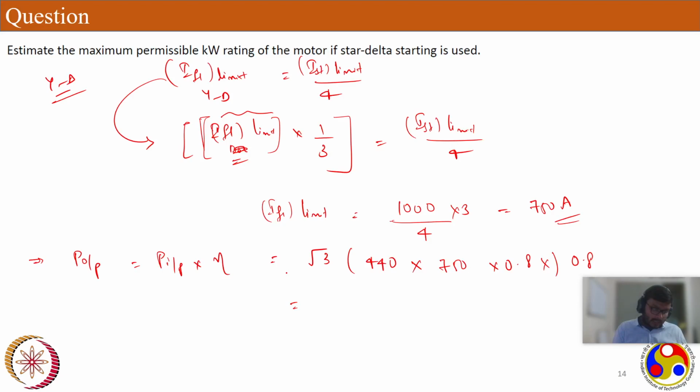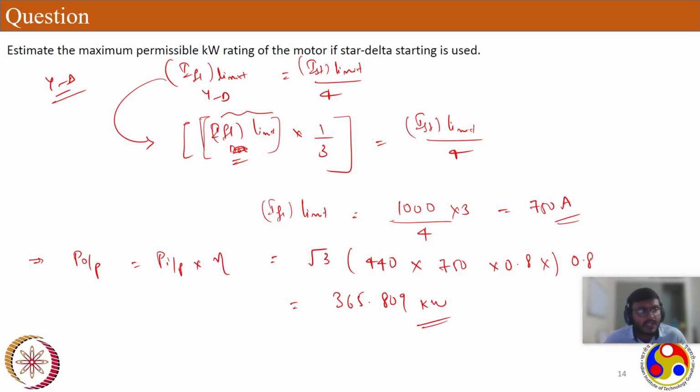Now let's calculate this. Root 3 into 440 into 750. Okay, now here it will be giving 365.809 kilowatt.